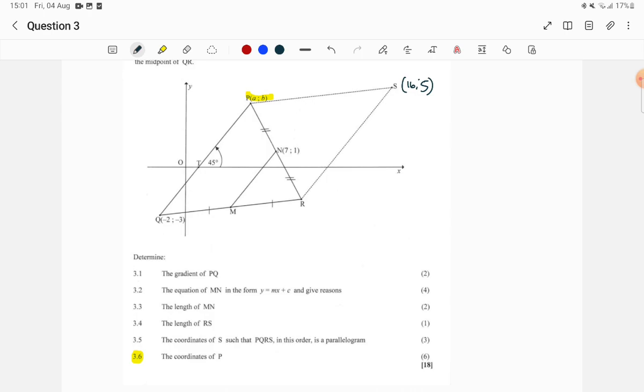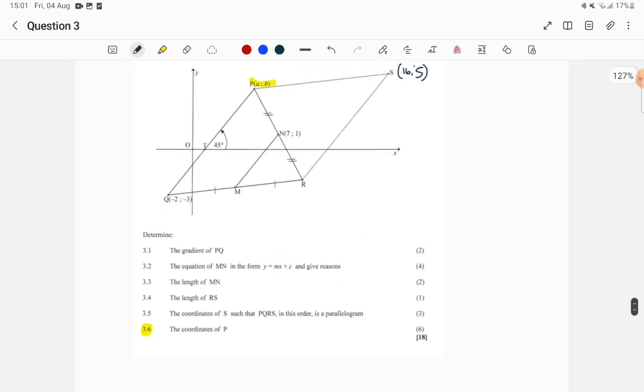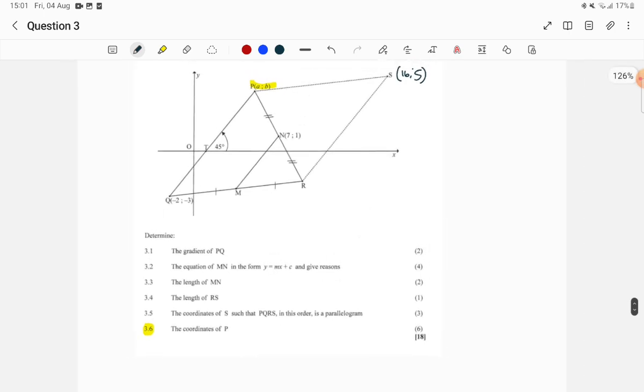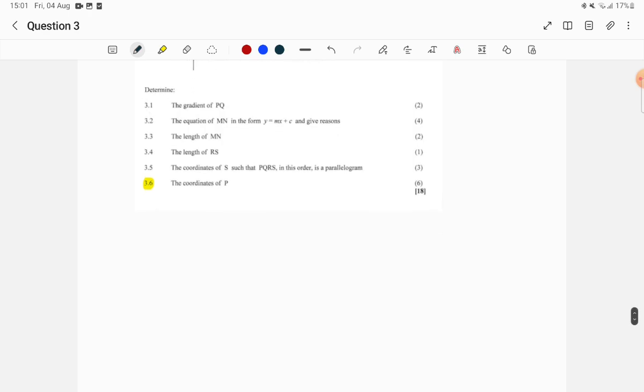And to be able to do that, let's first have a look at our equation of PQ. All right, so we have the gradient, we have a point, so we can get the equation of line PQ. So let's start off there. That's the information we know the most about.